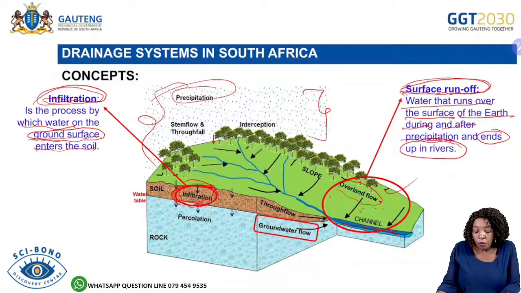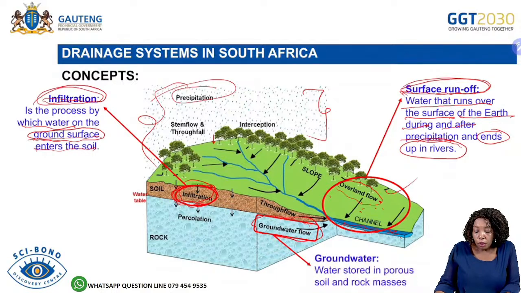And then we've got other concepts like underground water flow. There's this concept of groundwater flow, which is water that is stored in porous soil and rock masses. This is your groundwater.